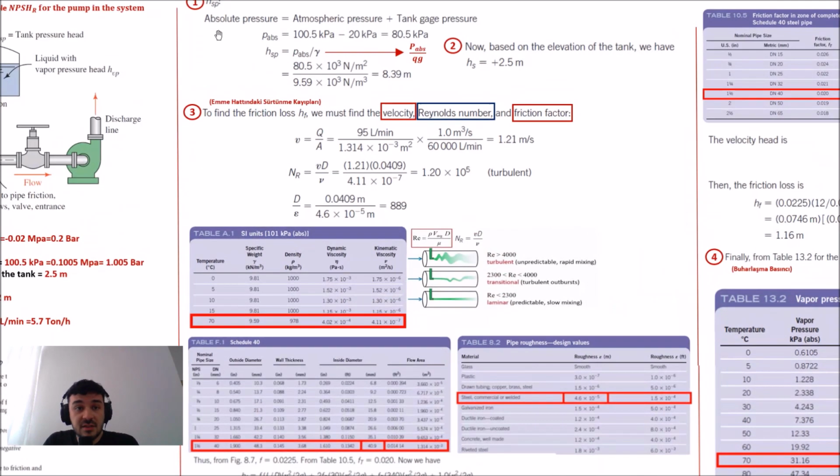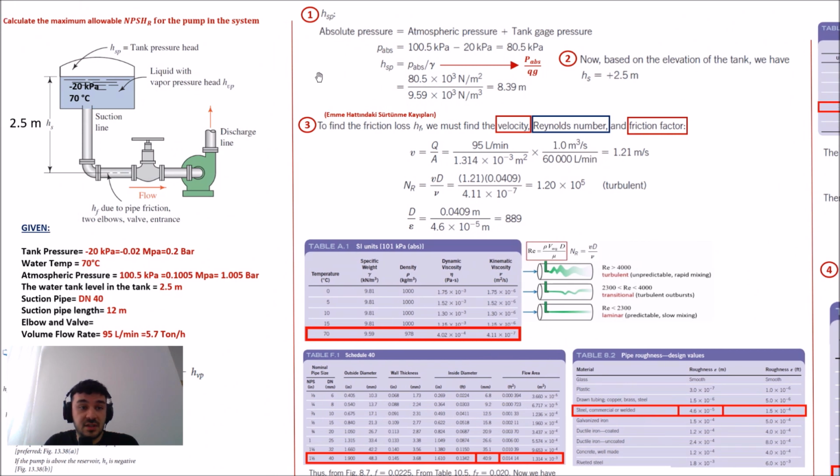Static pressure head, what is this? You can see there, our tank pressure is minus 20 kilopascal. But we have to calculate the absolute pressure. Absolute pressure means atmospheric pressure plus tank gauge pressure. Atmospheric pressure is 100 and the other one is minus 20 kilopascal.